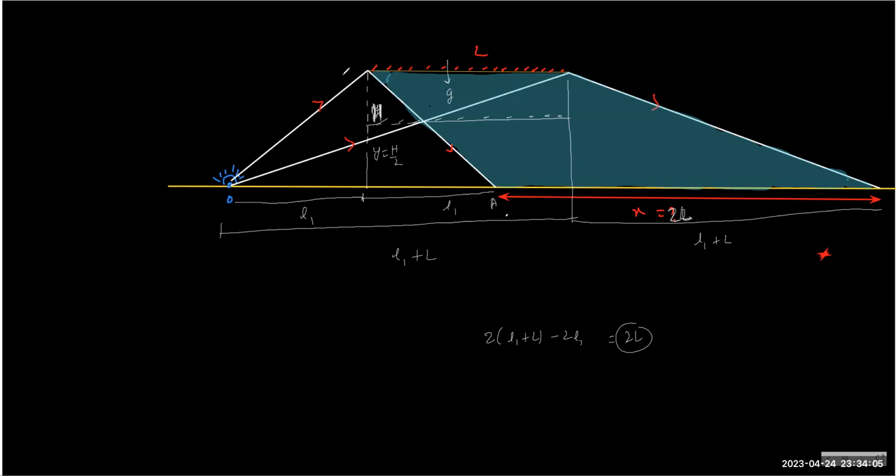L1 will be constant at any instant, right? L1 is constant. So if I draw a light ray like this, it will fall at point A only. So it will be stationary only, right? Yes, it is going to be stationary only.